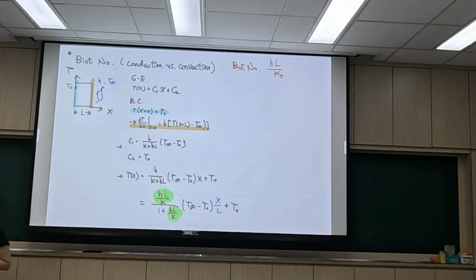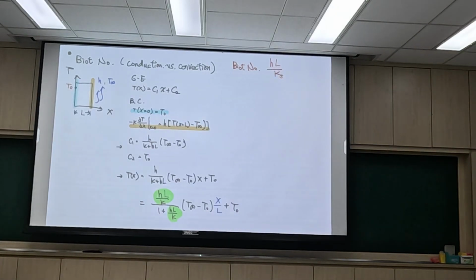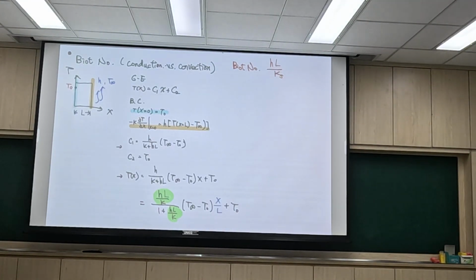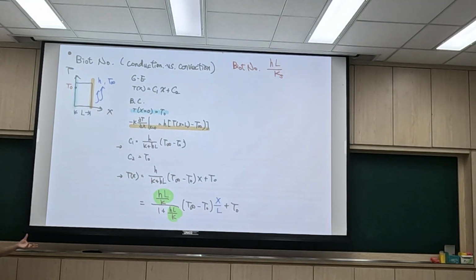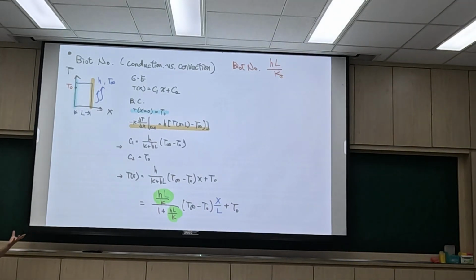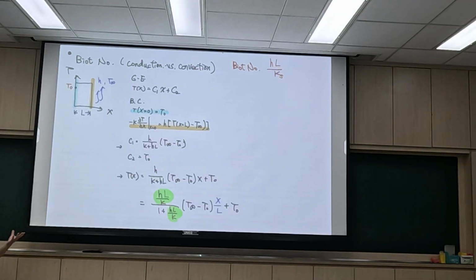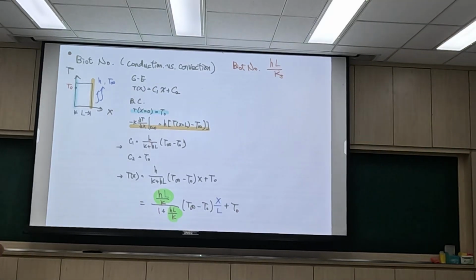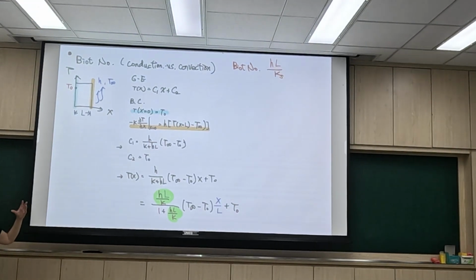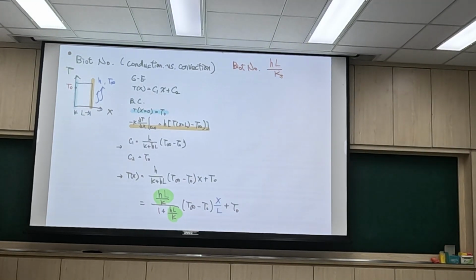So what is this for? As I mentioned, the Biot number is to judge a situation: you want to judge which of conduction or convection is more intensive or more dominant in a certain object or different scenario.